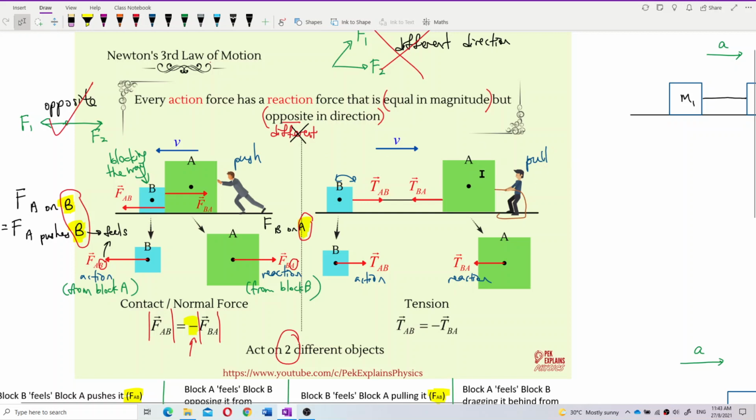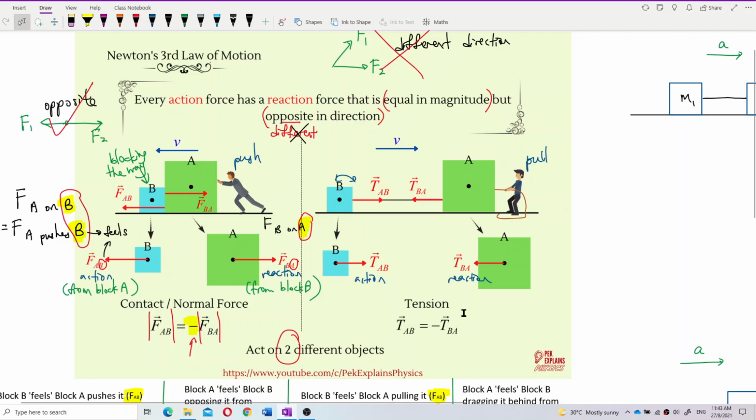Of course there are other forces, like the pulling force and the weights, but I don't draw all of them because it would all jumble up later on. I just concentrate on the forces in between the blocks, which is the action-reaction force.